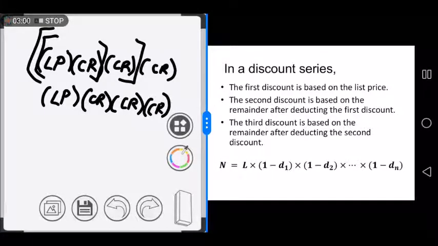Okay? So, kaya po on our slide, the given formula is 1 minus D sub 1, the first discount rate, times 1 minus the second discount rate. Then, tuloy-tuloy lang yon kung ilan man pong rates ang binigay.